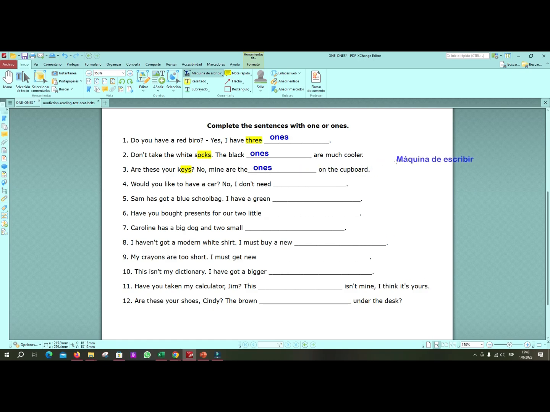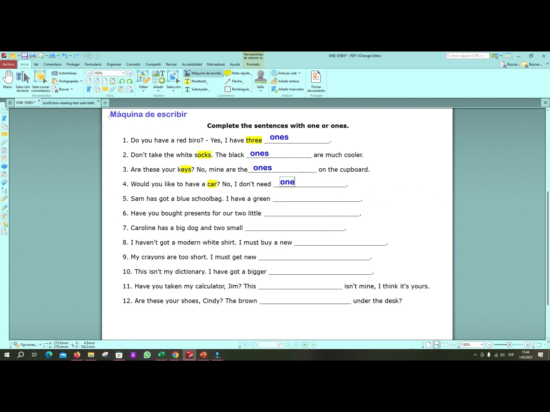But in the 4 is only one. Yeah, in the 4, there you have, would you like to have a car? There's one, right? So, no, I don't need one. I would like to have one, but that's okay.